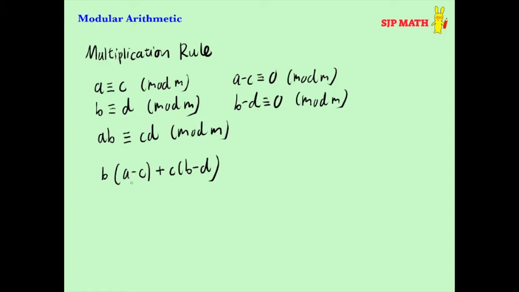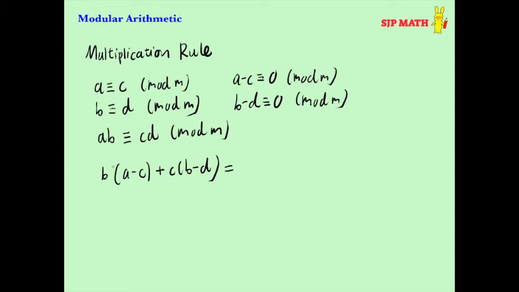A minus C is a multiple of M, and a multiple of M times an integer, B, is still a multiple of M. And similarly, B minus D is a multiple of M, and a multiple of M times an integer C is, again, a multiple of M. So this entire thing is also a multiple of M. And we discussed earlier that the sum of two multiples of M, again, gives us a multiple of M. So this entire thing is a multiple of M, so let's remember that.